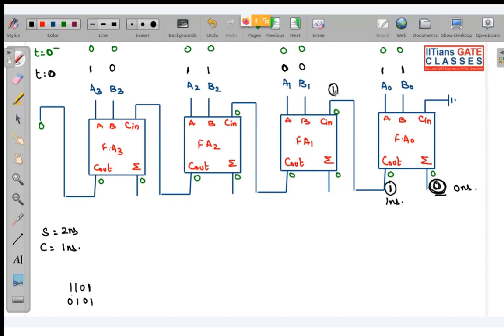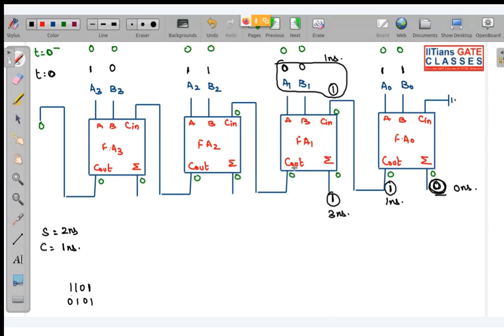So if cin is 1, when we add 0 0 1, sum will be 1. So this one will be generated, means all my inputs have been applied at 1 nanosecond. Okay, this one came after 1 nanosecond. So this one will be generated after 3 nanosecond.